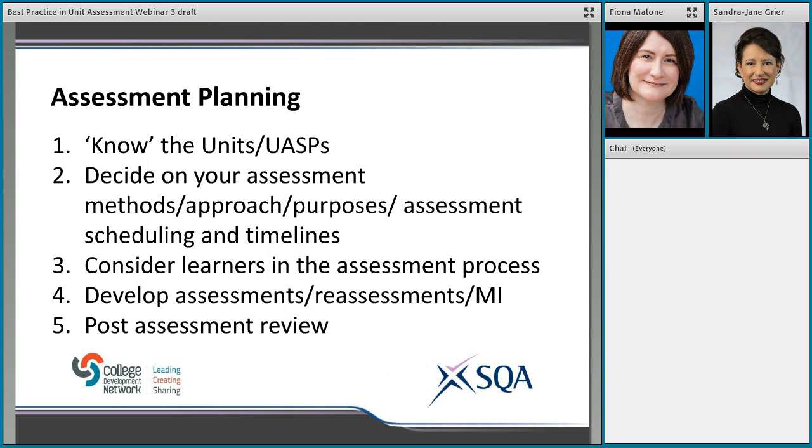Fiona mentioned previously the section on reassessment and the importance of marking instructions. It's really important that in addition to thinking about the clarity of the wording, the assessments must meet the demands of both the unit specification and the SCQF level. But the assessments and any reassessments must also be practicable for you to deliver and carry out within your centre for all your candidates.